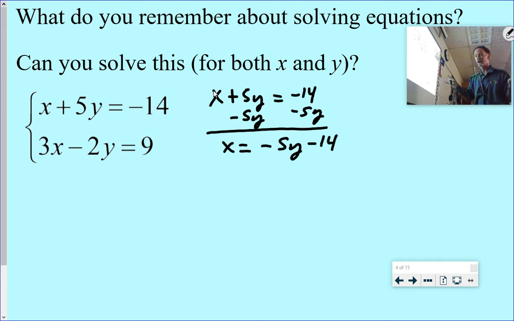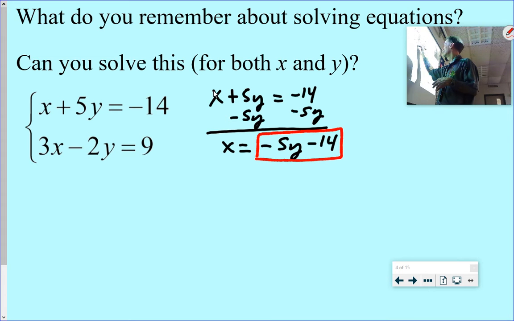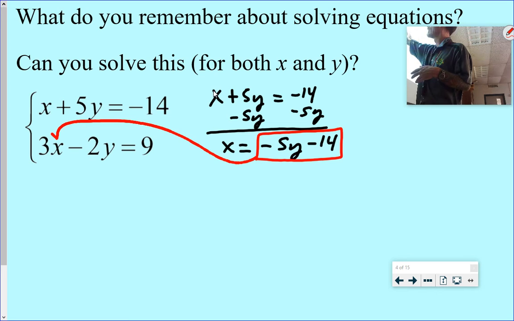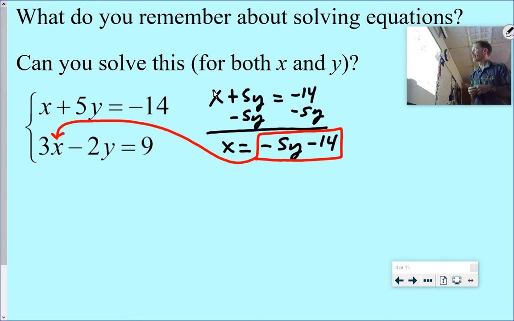Either way, doesn't matter. The important thing is we have x by itself. Now, how does that help us? Well, now we can take this whole expression and plug it into the other equation where the x is. And then I'm going to do some algebra and see what happens.